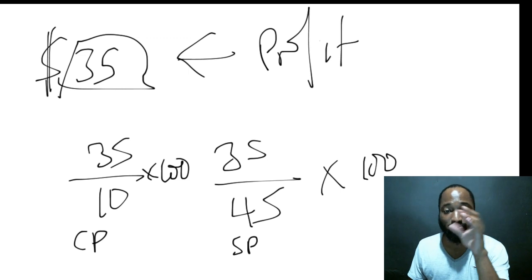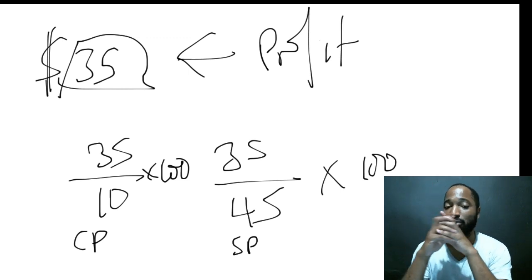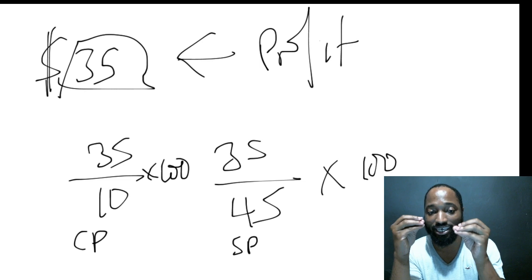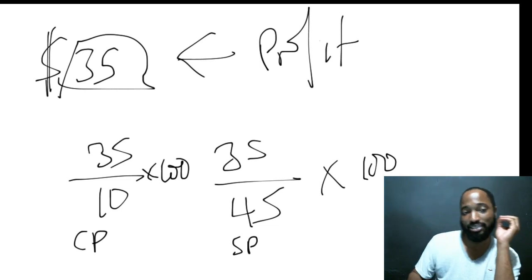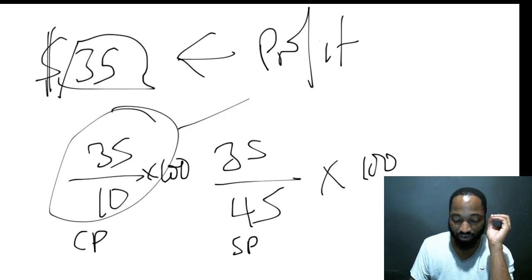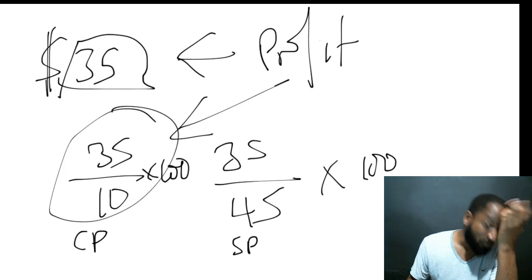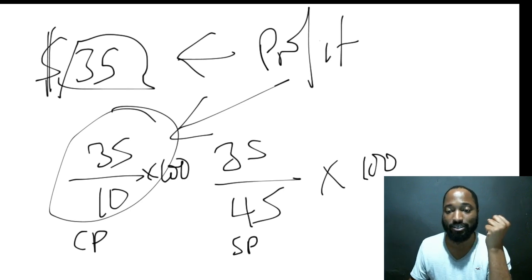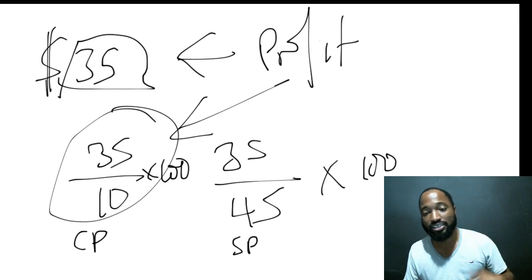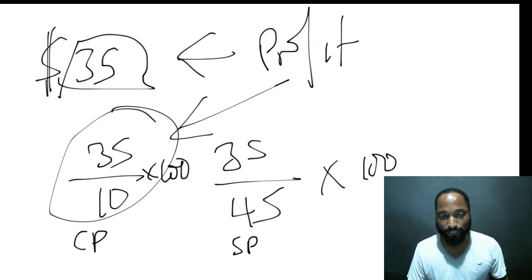I want to put the $10 over how much money I bought it for. I want to see what percentage of money I'm making. So to see that, you need to put it over the cost price. This will tell you the accurate percentage in terms of how much money you spend to how much money you make. So profit and loss is normally established over the CP, the cost price.